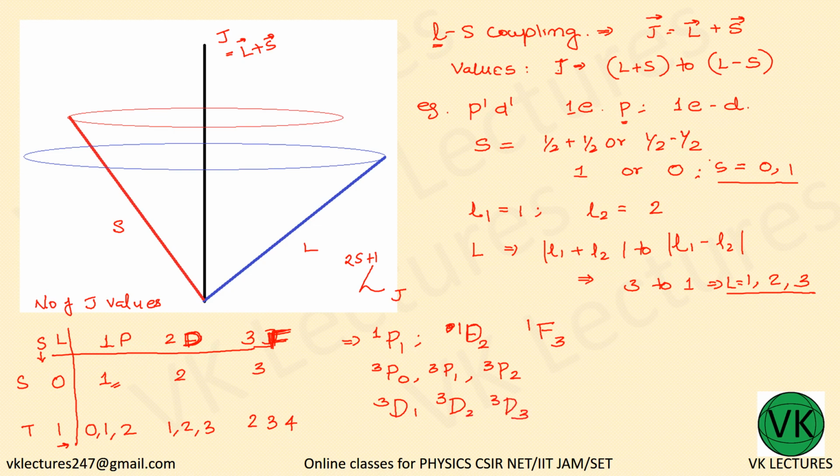Coming to the F state, 3F2, 3F3, 3F4. Now together we get 12 states, or 12 spectral terms.